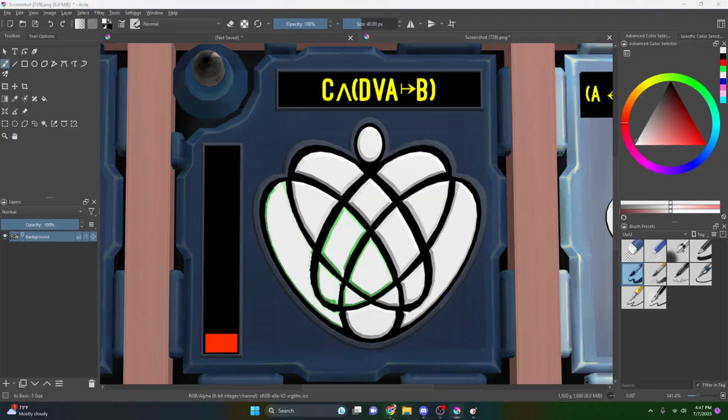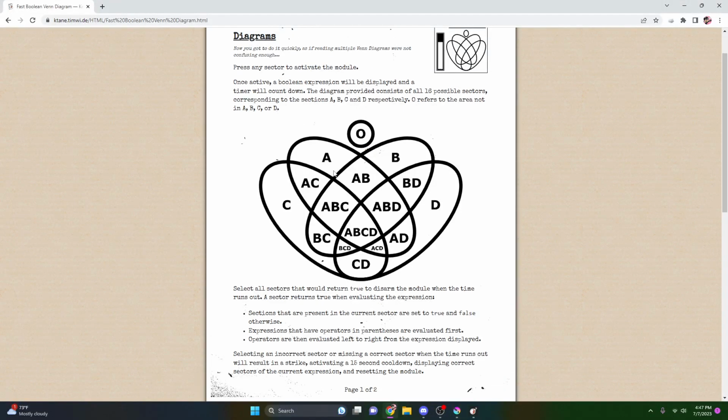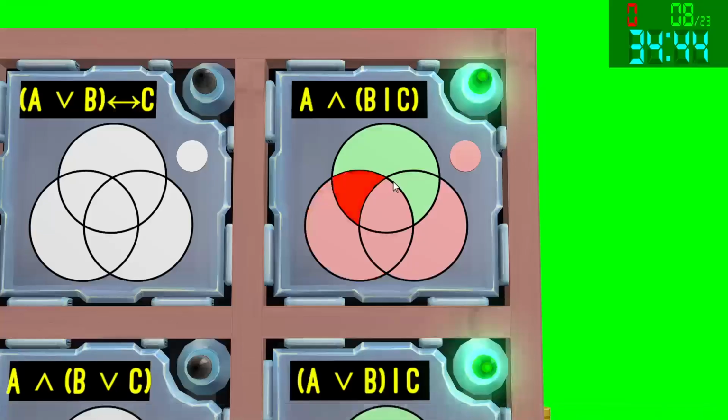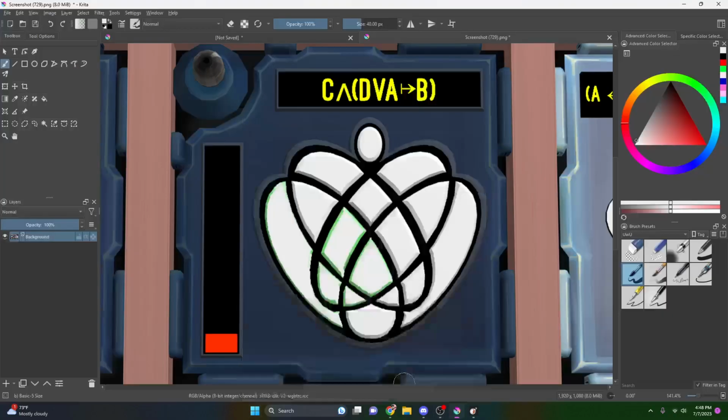And as you can see here, it's in reading order alpha, bravo, Charlie, delta, the letters of the circles. So I immediately concluded I only needed to focus on these sectors right here. I ignored everything else because I already knew that and didn't care to think about it too much.